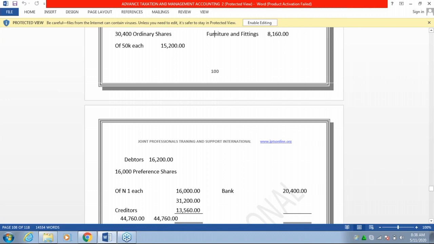Discuss. I said management accounting can be used to determine the financial efficiency and effectiveness of a business entity. Discuss.